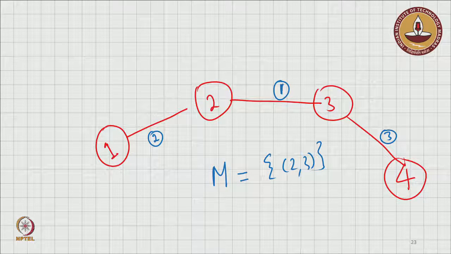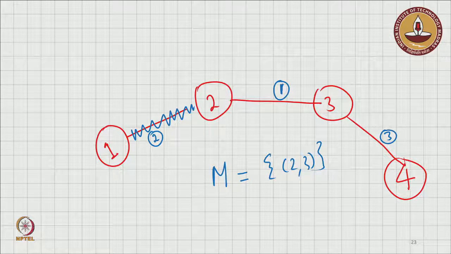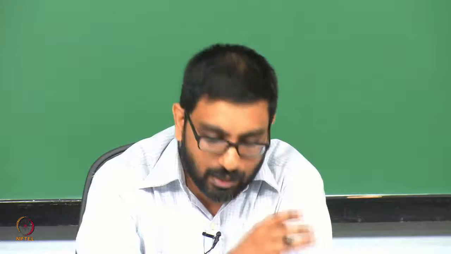Then when we get the edge 3 comma 4, again we will discard that edge as well, because again it is a shared vertex. And so the algorithm will output a matching with just one edge. But simply looking at this graph, it's easy to see that the maximum cardinality matching is actually these two edges, 1 comma 2 and 3 comma 4. So, you get two edges in the matching.